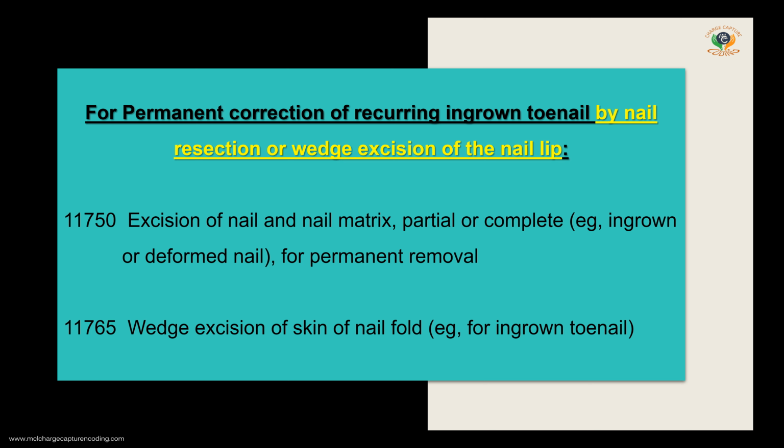Note that the permanent correction of recurring ingrown toenail by nail resection or wedge excision of the nail lip, we report and bill this procedure with CPT code 11750 or 11765. Do not use the incision and drainage or puncture aspiration procedure CPT codes.